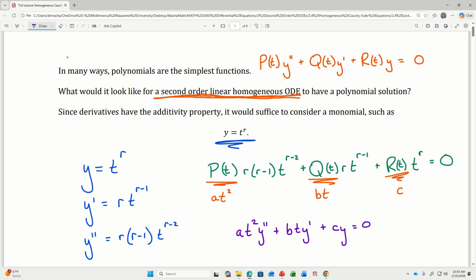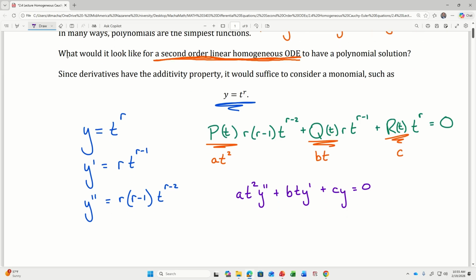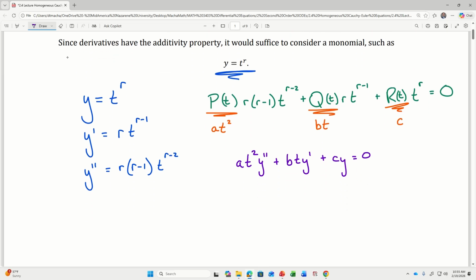And by choosing the right values of a, b, and c, I could make this second order linear homogeneous ODE have a solution t to the r for some r power. So since this can have polynomial solutions, we gave it a name. We call this specifically the homogeneous Cauchy-Euler equations.